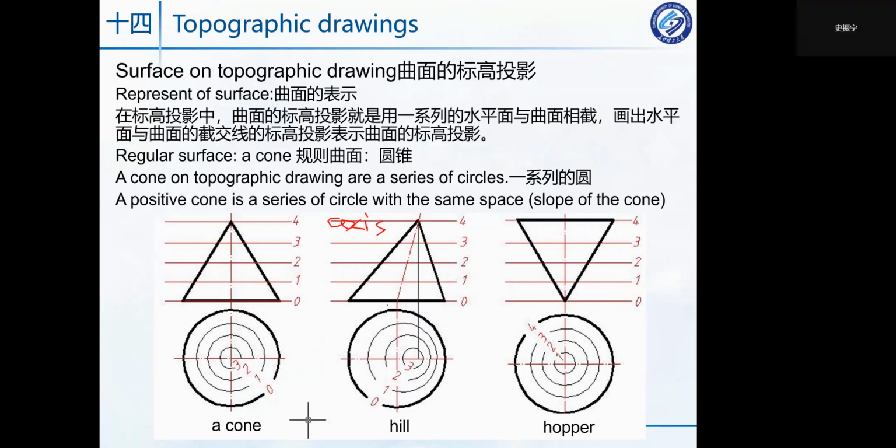Is not vertical to the horizontal plane. So this cone, the slope of this cone is not the same at every point.